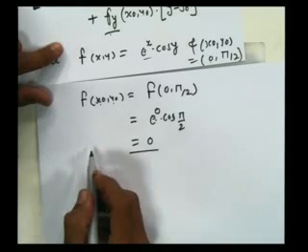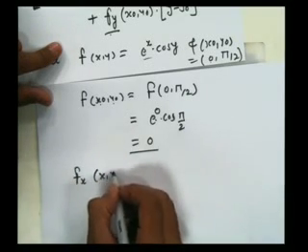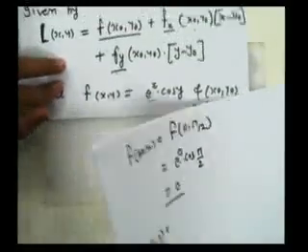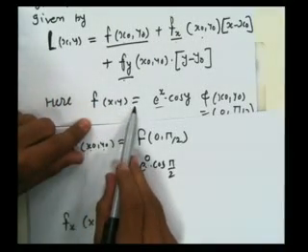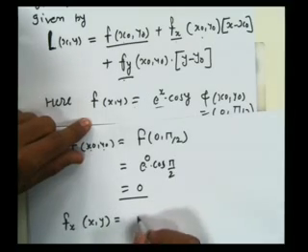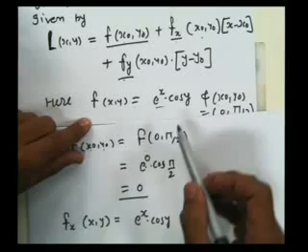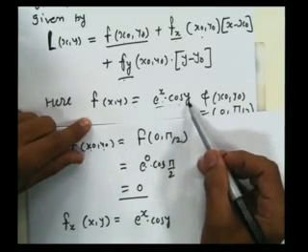Next we find fx at x comma y. That means partial differentiation of the function f of x comma y with respect to x. This is e raised to x into cos y, because differentiation of e raised to x is e raised to x, and cos y will work as a constant here, so it is as it is.